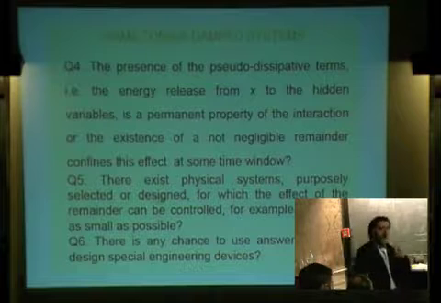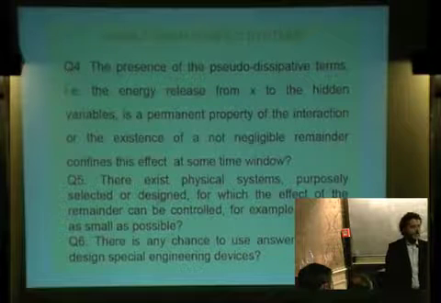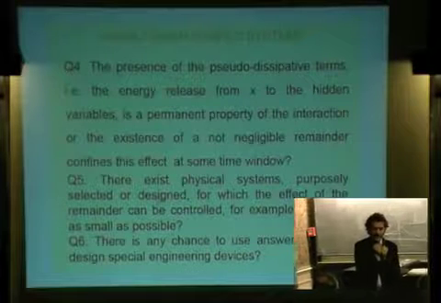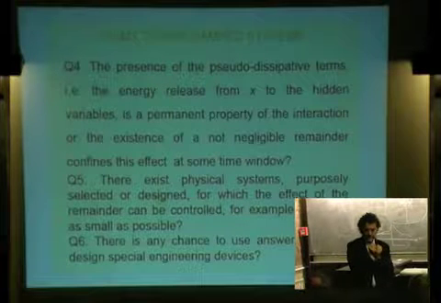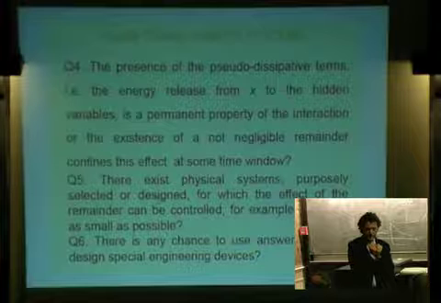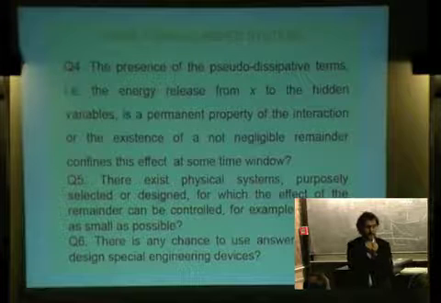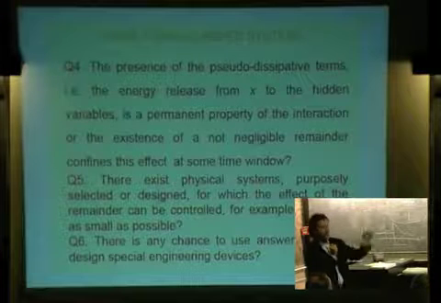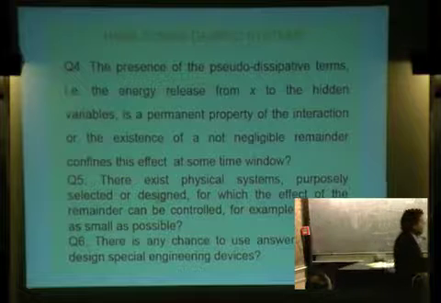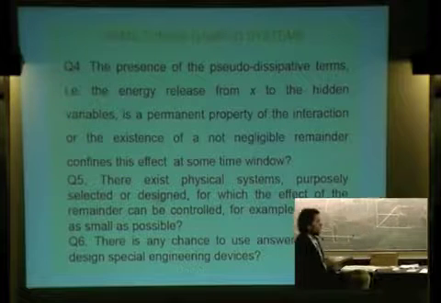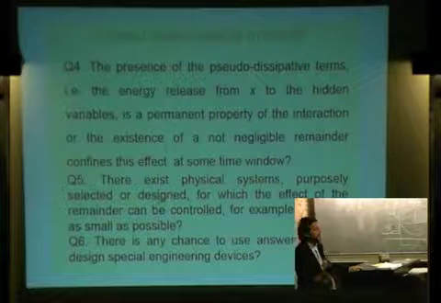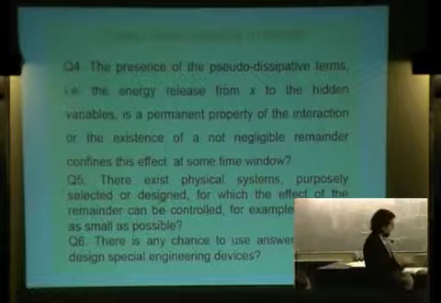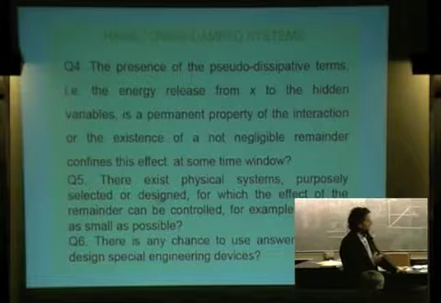So I want to design a special system that is capable of absorbing the energy, trapping it, and keeping this energy definitely, or practically definitely, in the set of oscillators without leaving it back. The last question is: is there any chance to use this concept in order to design a special engineering device? And the question has a positive answer.